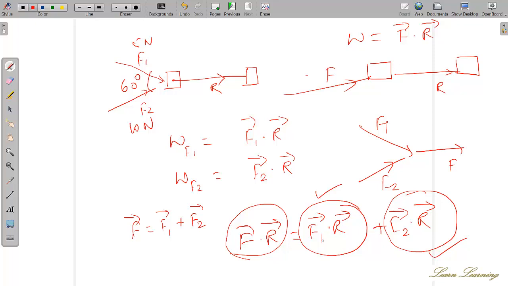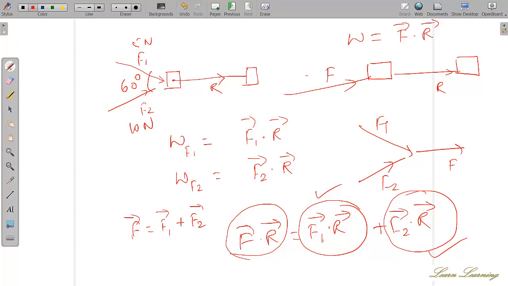Till now, what we have studied is the work energy theorem: the total work done on a body by the resultant force, all the forces combined, is equal to the change in kinetic energy. That also means that if there is no force acting on a body, the kinetic energy is not going to change.